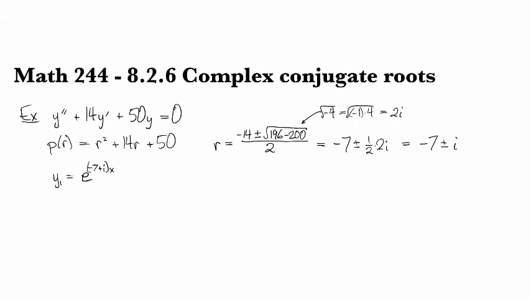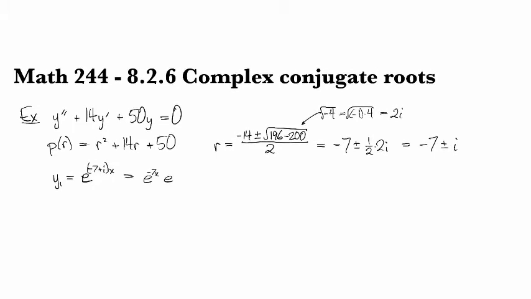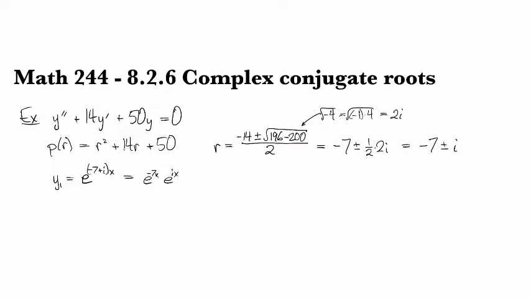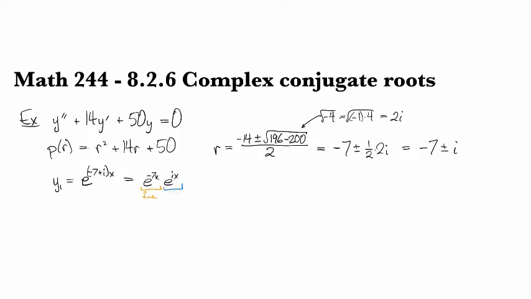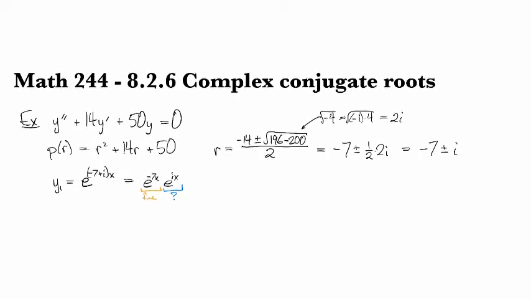And this is e to the minus 7x times e to the ix. Now this part that we've got out in front here is fine, we know how to deal with that. This latter part is a bit of a mystery, so we just need to know how to deal with this guy.